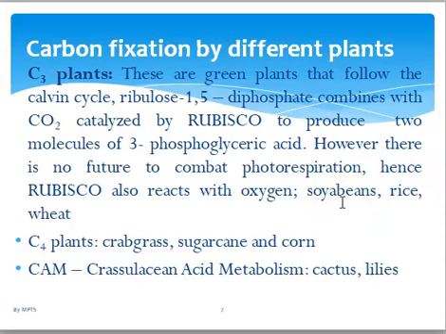Now for C4 plants, or the Hatch-Slack pathway, ensure you know how to describe them. These involve first forming malate, later pyruvate. Ensure you also know how to describe the crassulacean acid metabolism, or CAM plants.